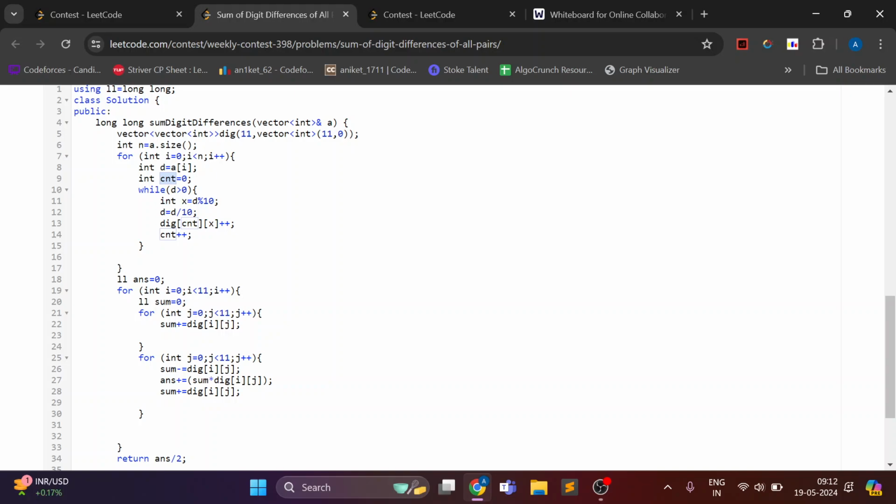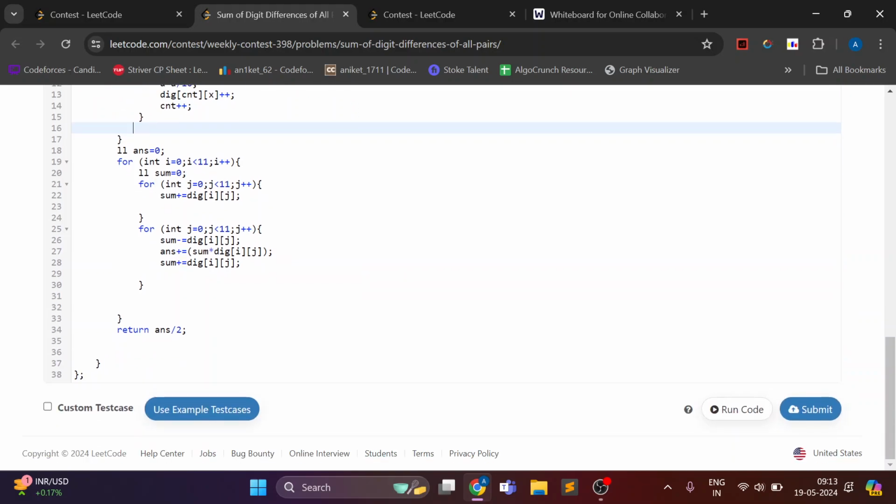That's why I'm taking the digit at cnt, which is 0, and incrementing x. So at the 0th position, unit place, the frequency of x is increased. And now I'm moving to the left, and incrementing the counter again. So I get a 2D vector of the frequency of all elements from 0 to 9 in each place: unit place, 10th place, 100th place, like that.